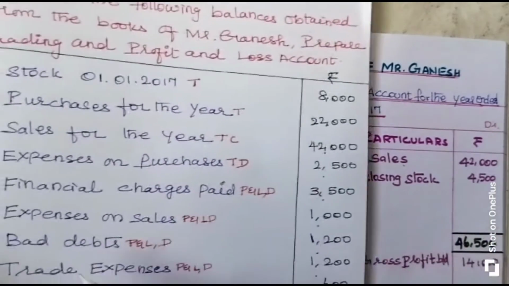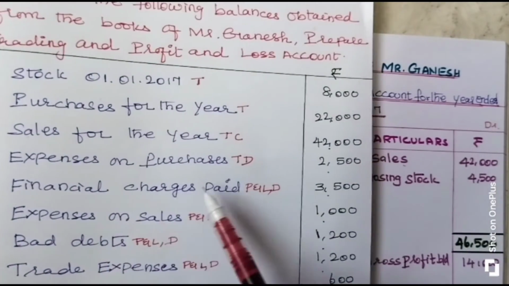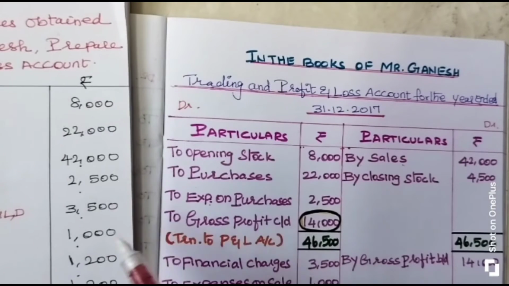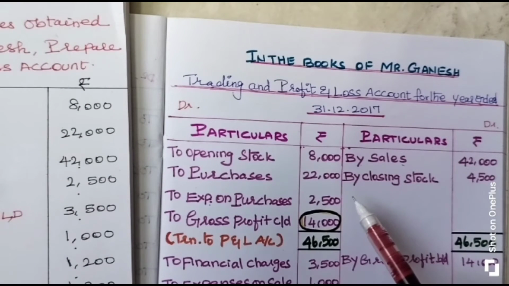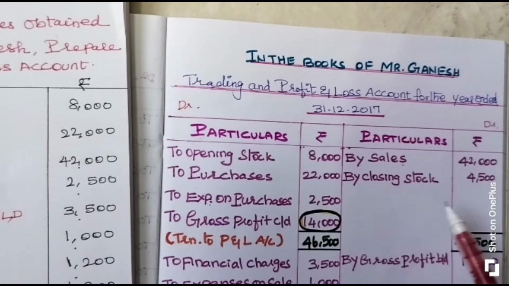From the given information we entered all the details of the trading account related transactions on the debit and the credit side. Then we have to find the balance between debit and credit. Which side has the higher value?